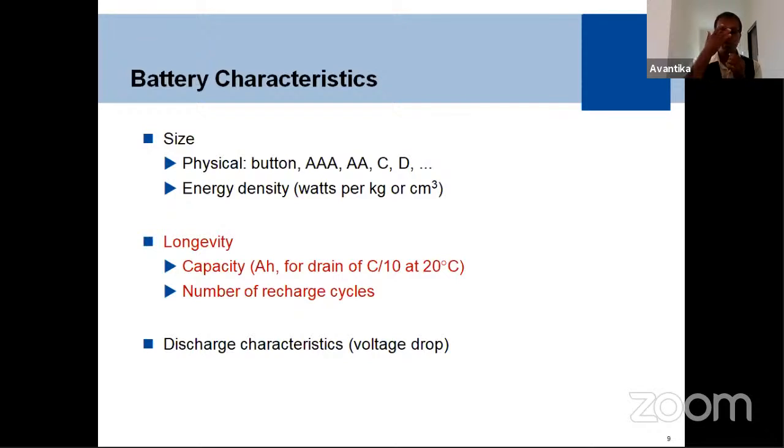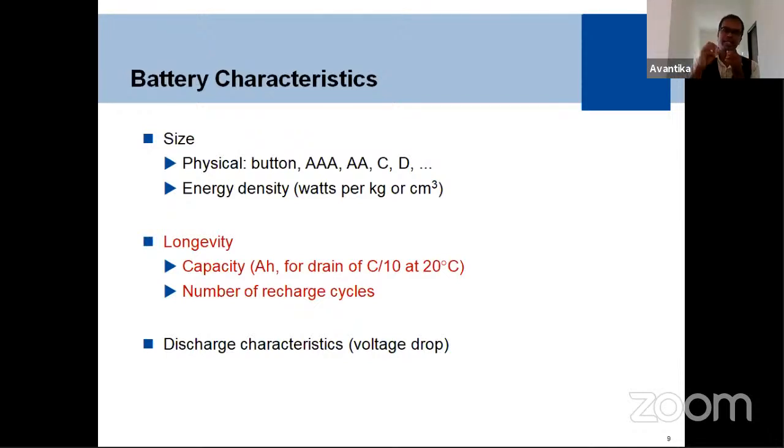All of you know that in day-to-day life, we are using different kinds of batteries for different applications, like the AAA battery, which is a small one used in remote controls and other devices, and the AA battery, and C and D batteries are big-size batteries for different applications. In a battery, the important parameter is energy density.